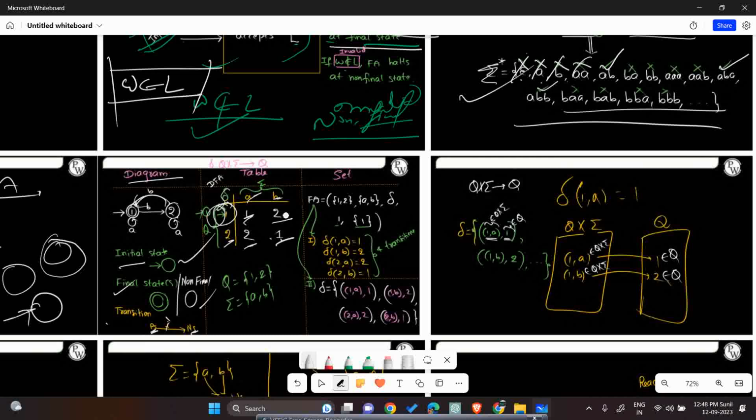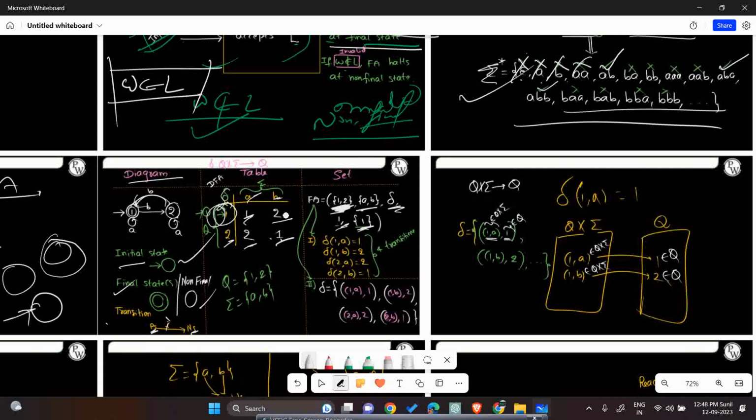Now how can we represent the finite automata with sets and functions? This is our finite automata with states 1 comma 2, the set of input symbols, the transition function, the initial state and the final state also.